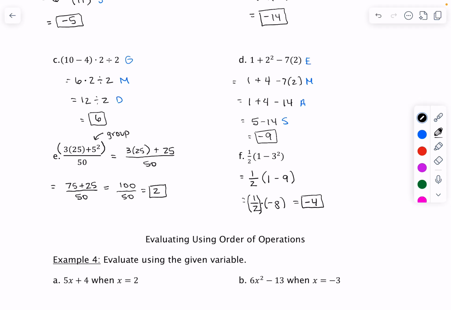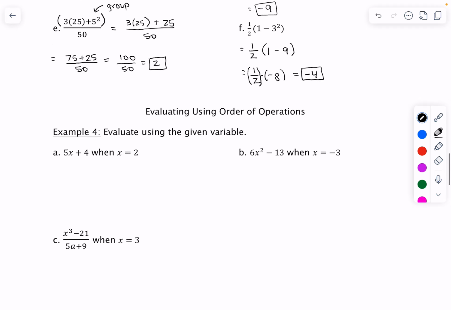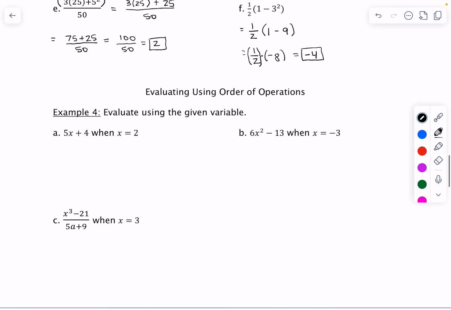The last thing that we're going to do in this lesson today is evaluate using order of operations. So we just talked about using order of operations if you're given all of the values. Well, what happens if you're not? What happens if you're given a variable and you have to plug it in? So in this case, I am given 5x plus 4 when x equals 2. So how I'm going to write this is I'm going to write 5x, but instead of the x, I'm going to replace it with a set of parentheses.